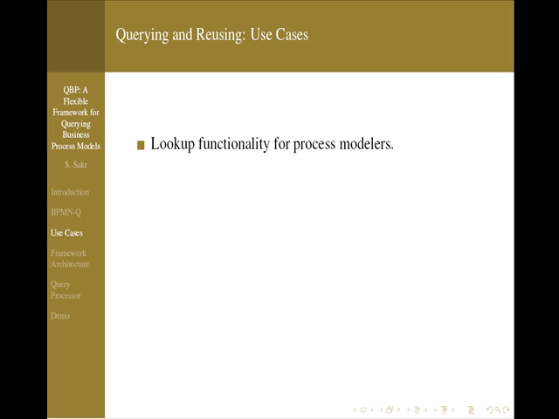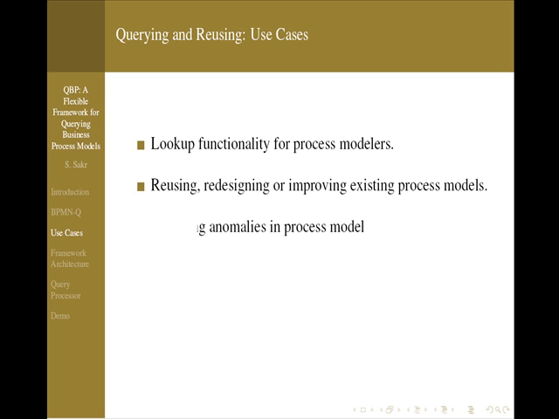Actually, there are many different use cases for querying and reusing business process models. The first use case is to provide the business process model with a lookup functionality for retrieving process models. It also helps in reusing, redesigning, or improving existing process models.